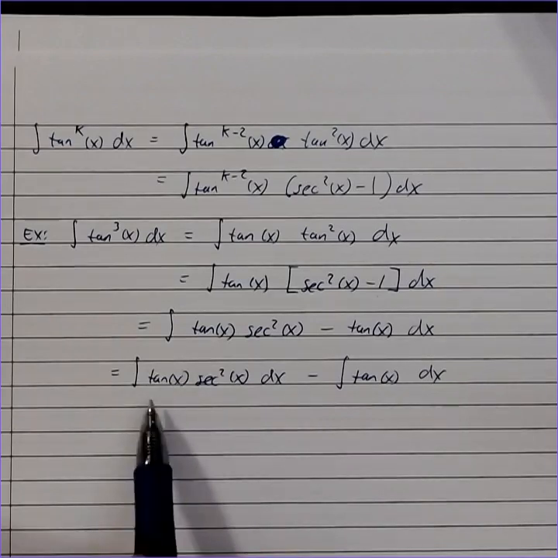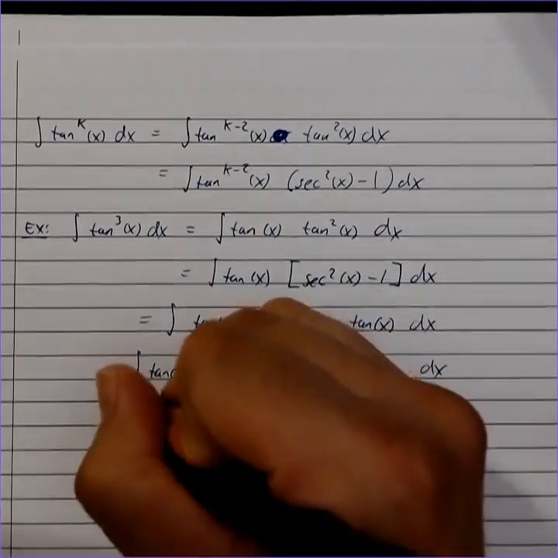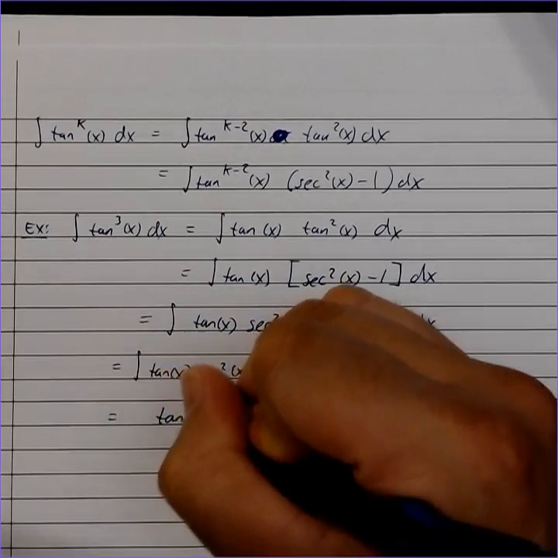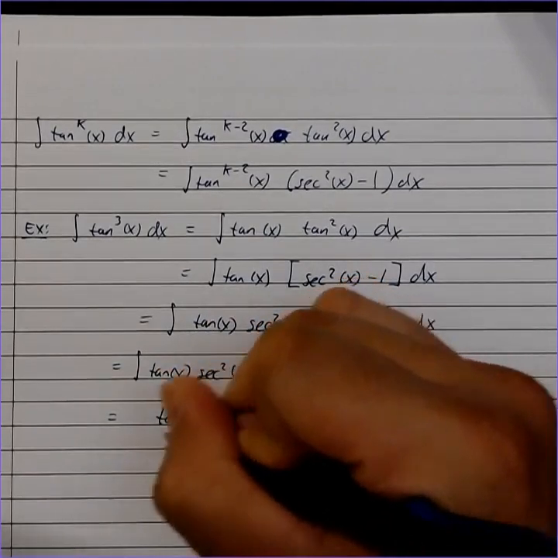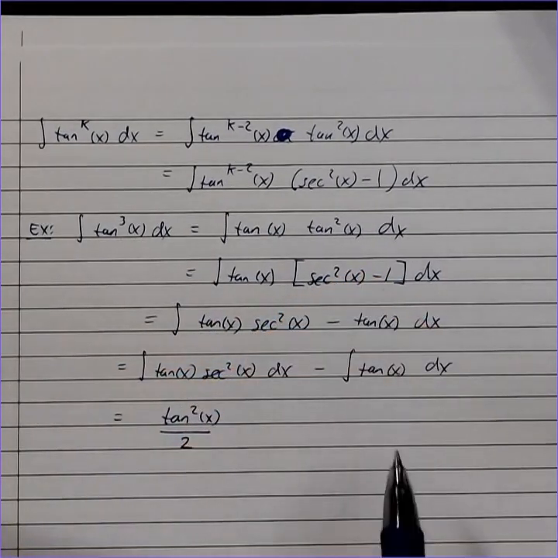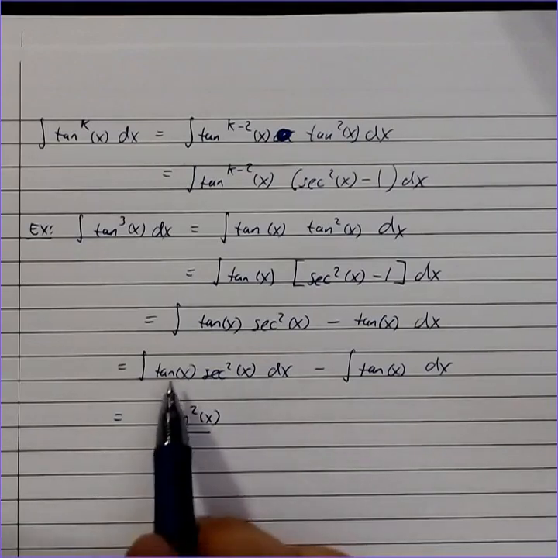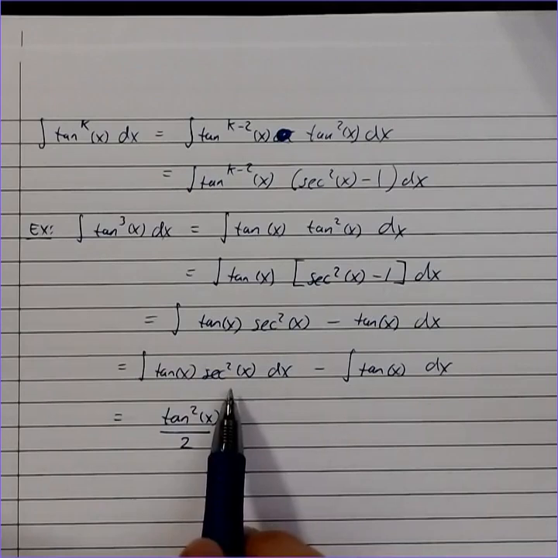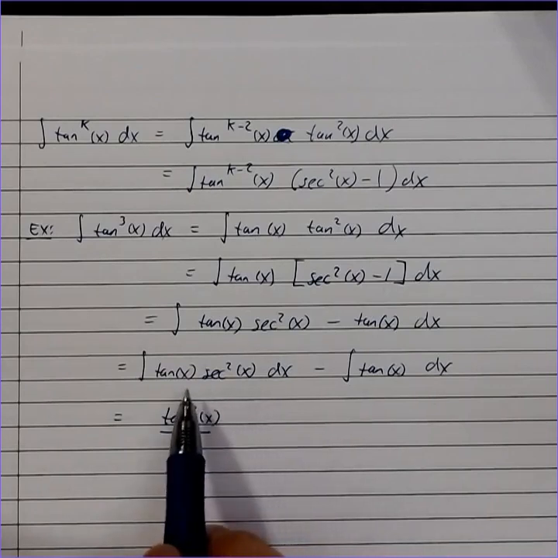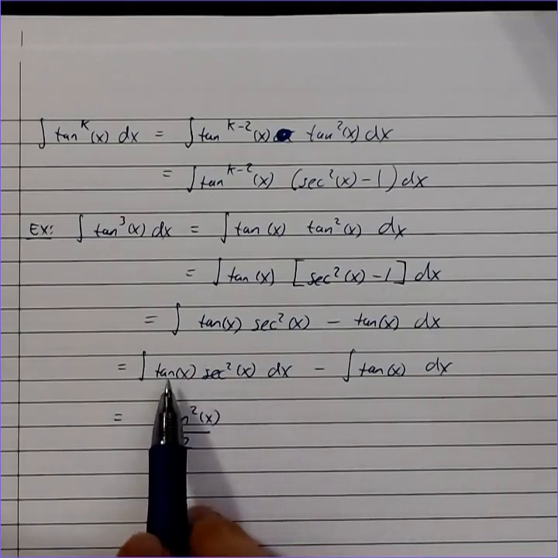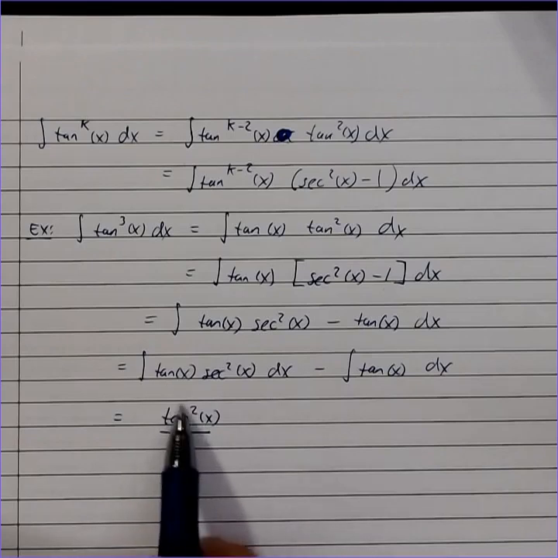But since that's your u, that's just going to give you tangent to the second of x over 2. We'll have our constant at the end. So there's your u squared over 2.